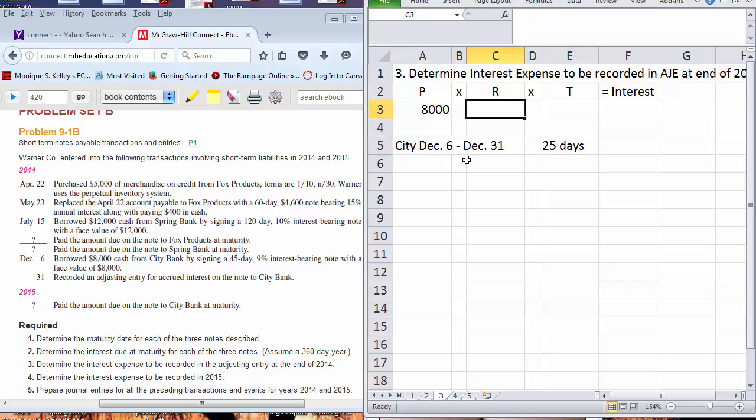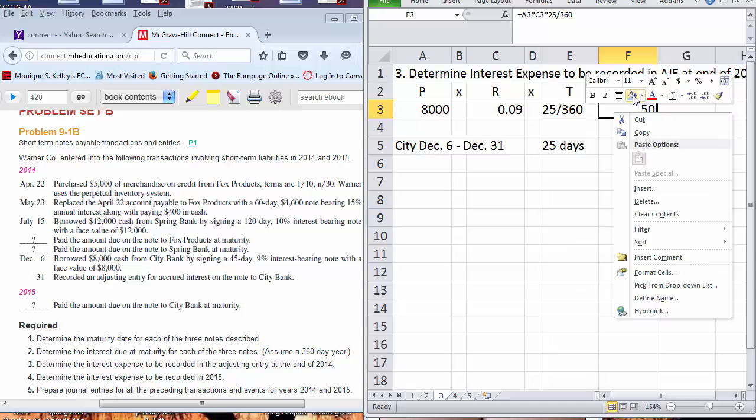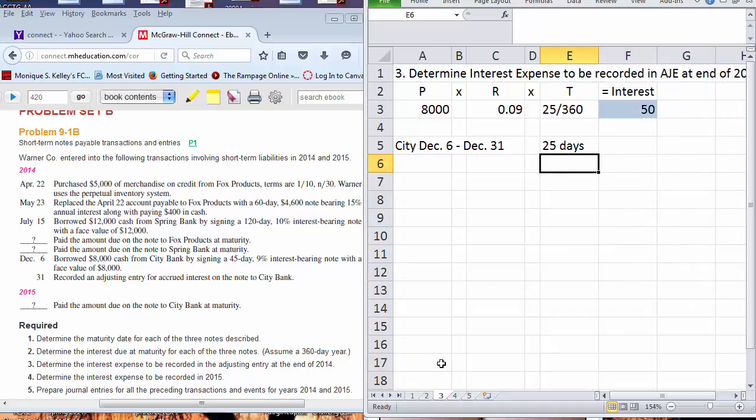So 8,000, and our interest rate was 9%, and our time was 25 days over 360. So our interest would be 8,000 times 9% times 25 over 360, and that total for that period is $50. This would be the amount that we would record as our adjusting entry.